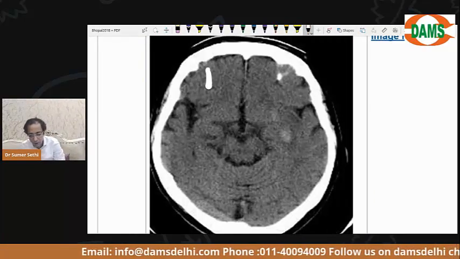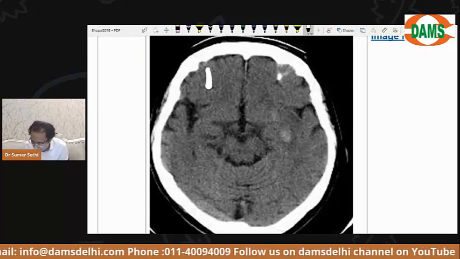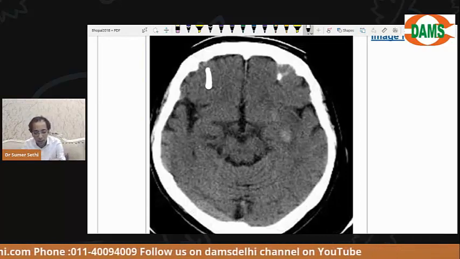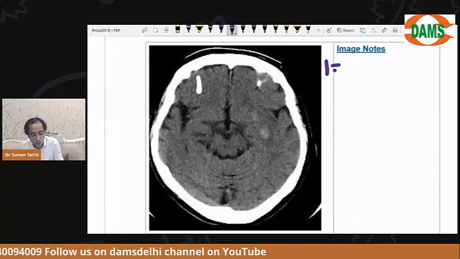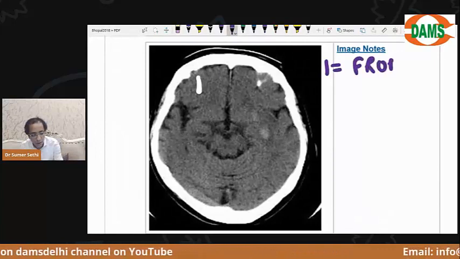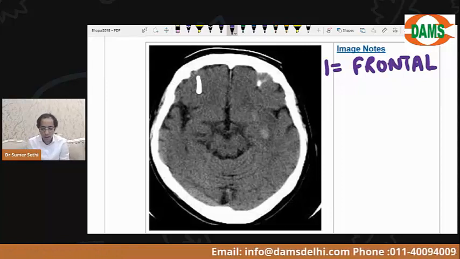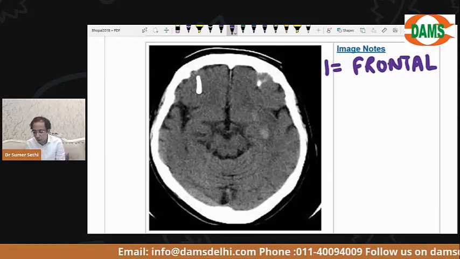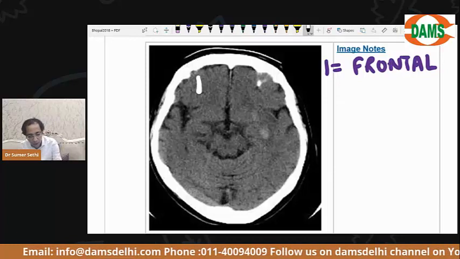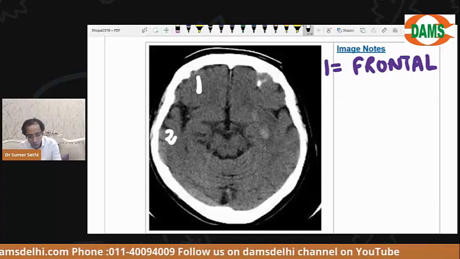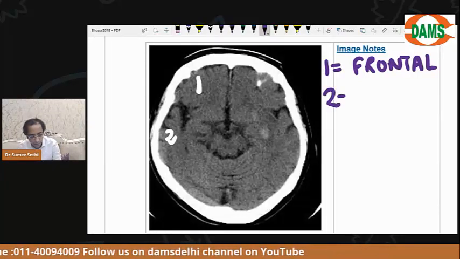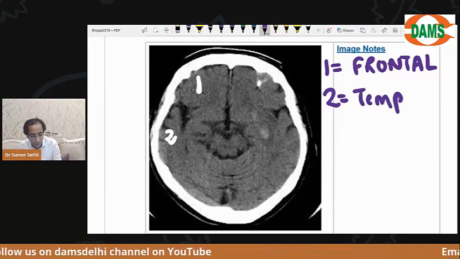And now you can see the area marked as 1 is the frontal lobe. Area marked as 2 is the temporal lobe.